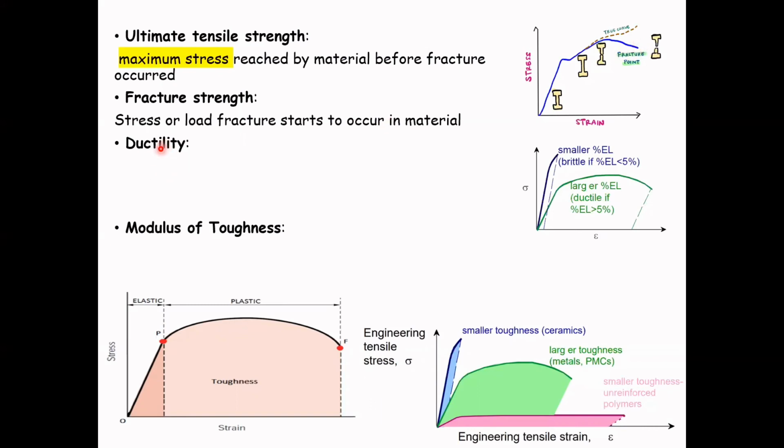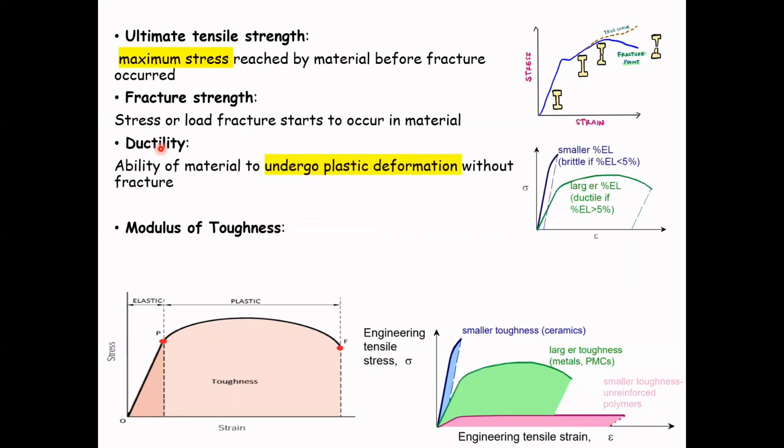And then we have ductility, that can be defined as the ability of a material to undergo plastic deformation without fracture. And this is the equation of how we can calculate the percentage of elongation. We calculate it by dividing the change in length by the original length of that material, times 100%.